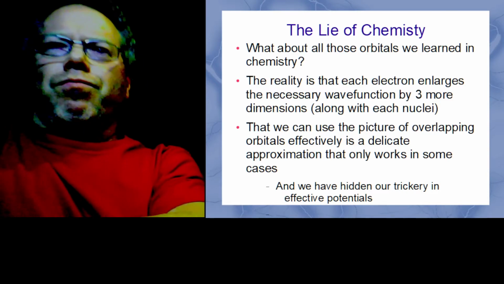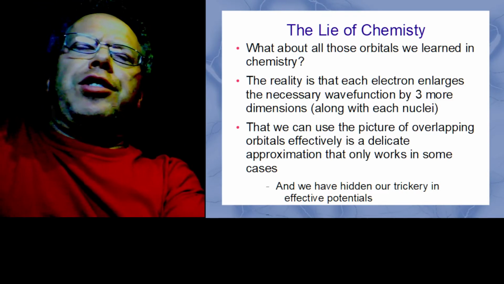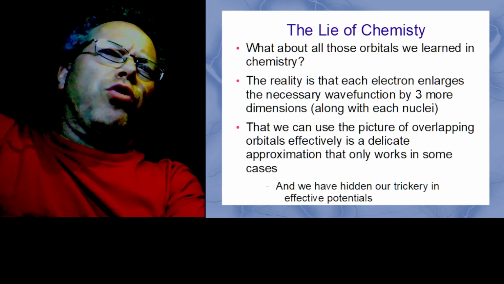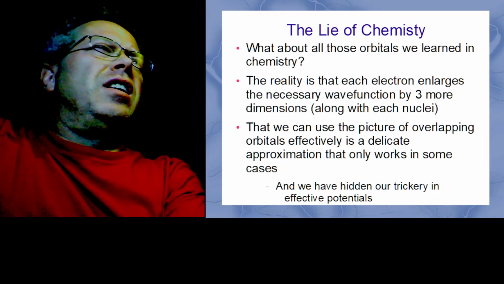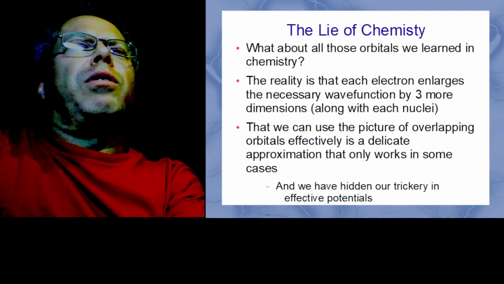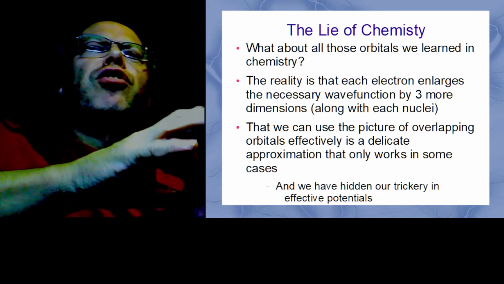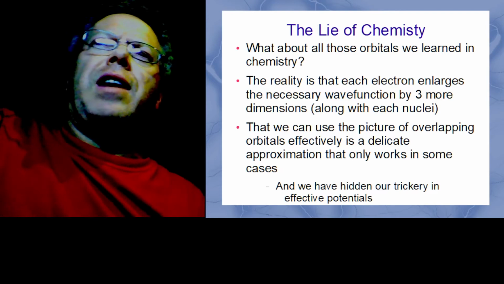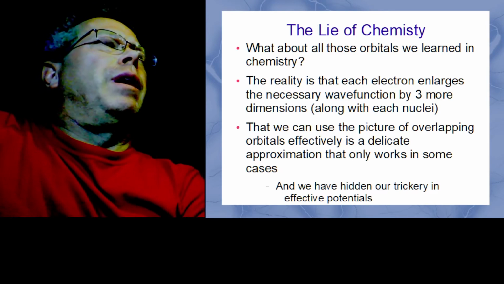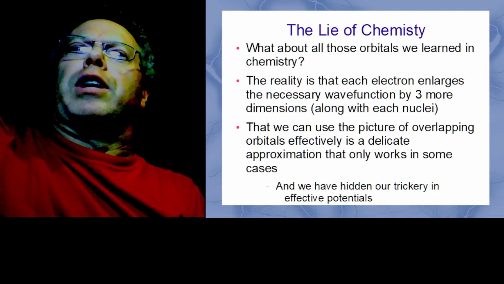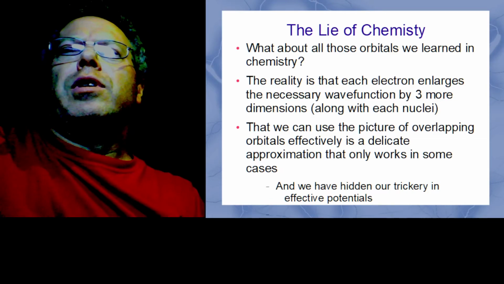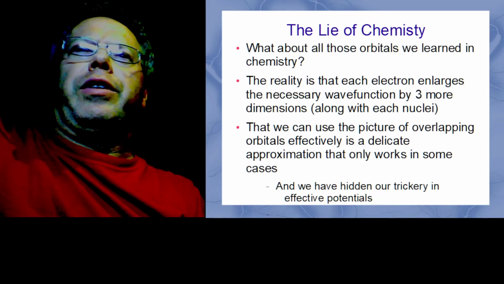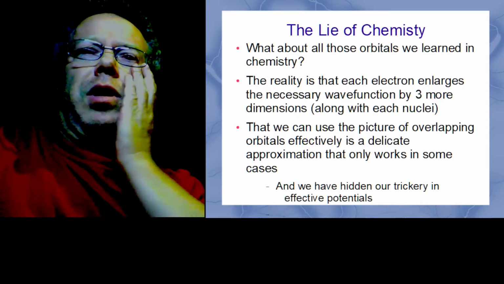So we have this picture that we've been taught about all these orbitals, and get an idea of like, okay, well, those orbitals overlap and then they start forming new kinds of bonds like sp2 and sp3 hybrid bonds. In intro chemistry, you just kind of get shown the pictures. But later on, you might learn a little bit about molecular orbital theory and actually be able to calculate some of these things.